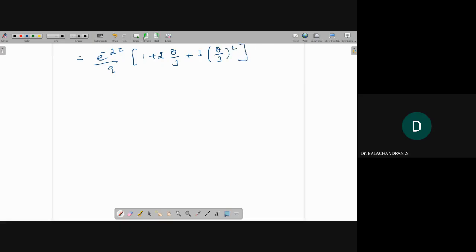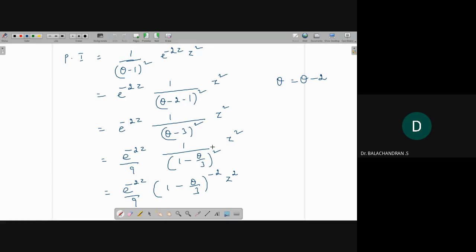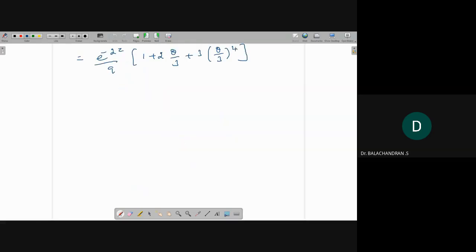But here you have z square only, so I'll stop up to x square; theta by 3 whole square is enough.